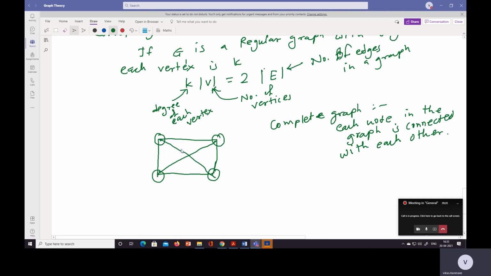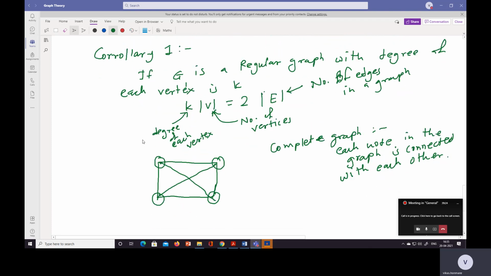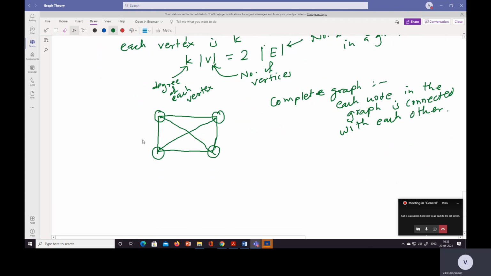What is the degree if G is the regular graph with degree of each vertex k? So degree of each vertex here is 3. For this vertex degree is 3, for this vertex degree is 3, and so on. For all 4 vertices degree is 3. Then k is equal to 3.